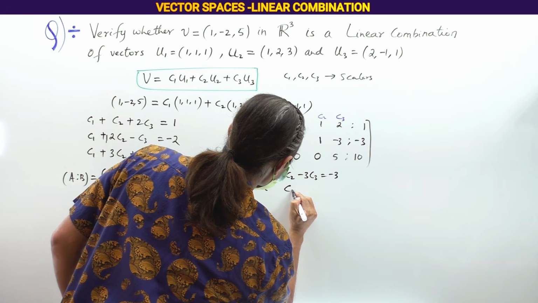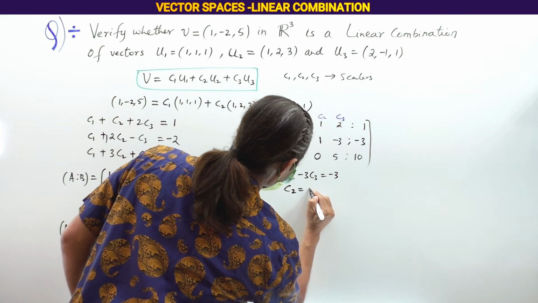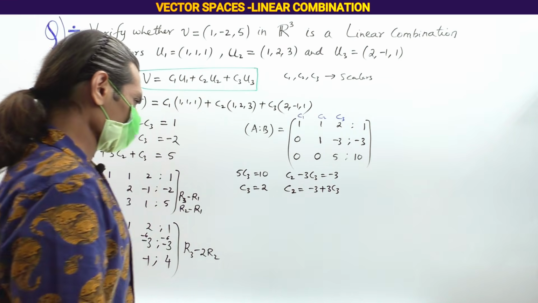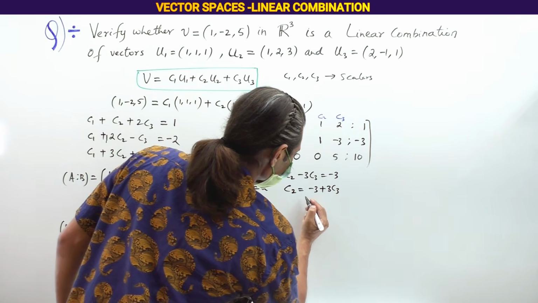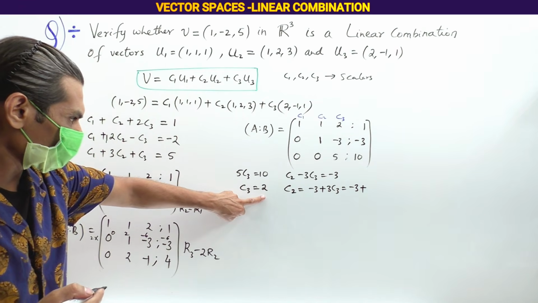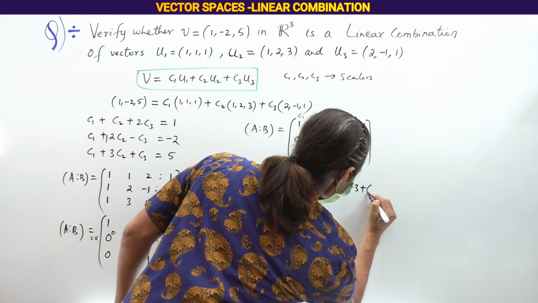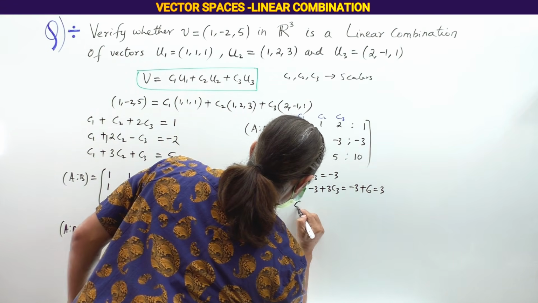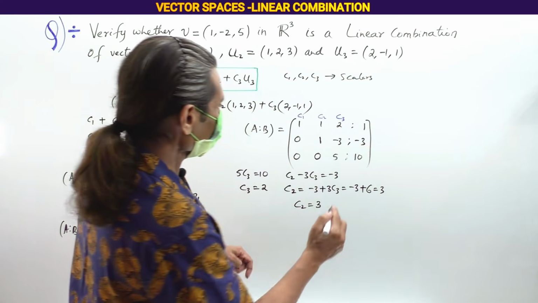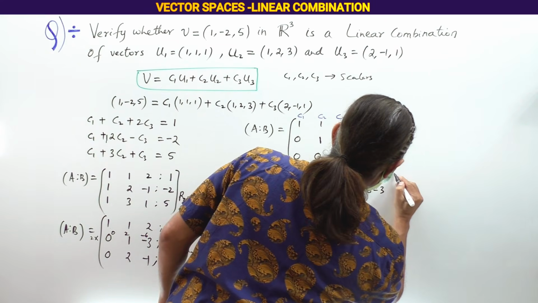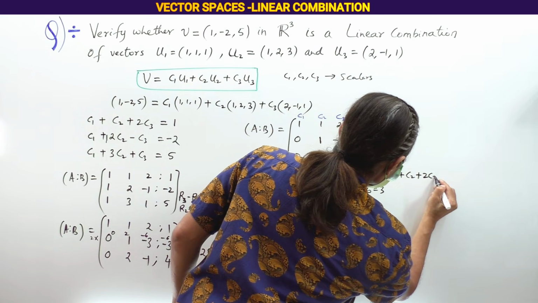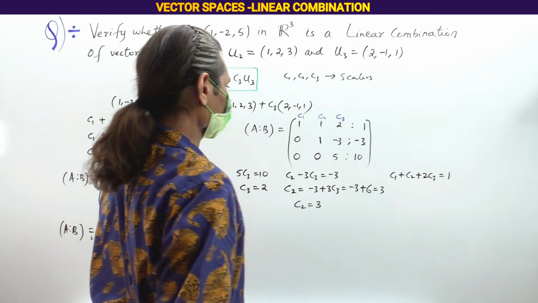So C2 equals minus 3 plus 3 C3, that is minus 3 plus 3 times 2, which is 6 minus 3, that is 3. So C2 equals 3.